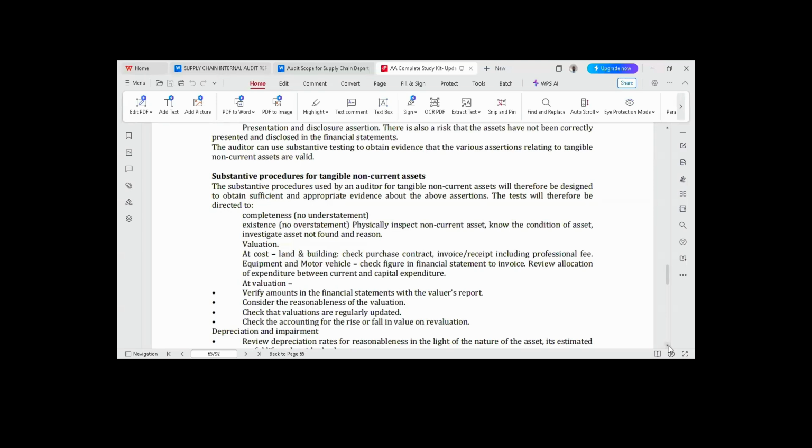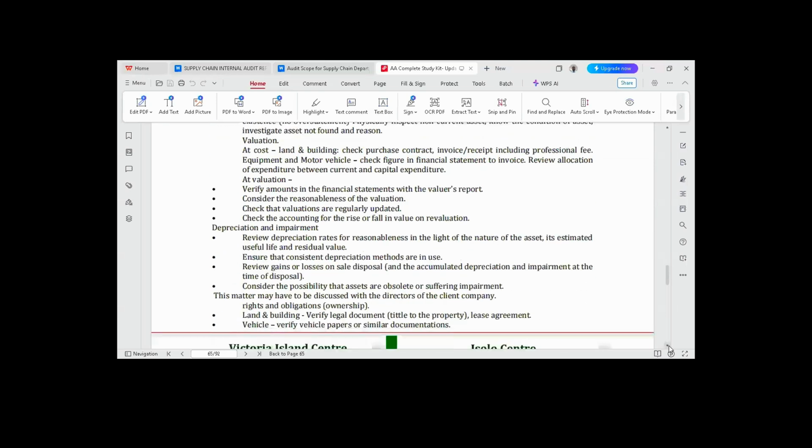You consider the reasonableness of the valuation. Thirdly, you check that the valuations are regularly updated. IAS 36 says that you must test your assets against impairment at least once a year. Then you check the accounting for the rise or fall in value on valuation, as you check the adjustment on the revaluation.